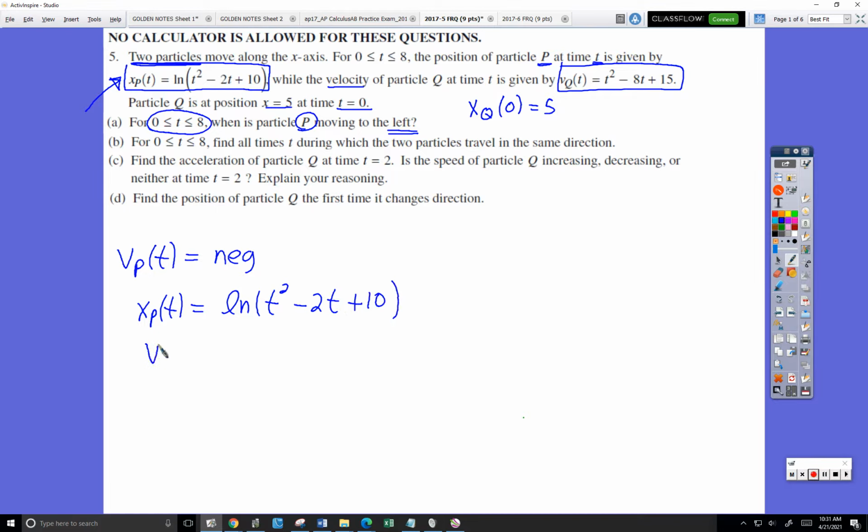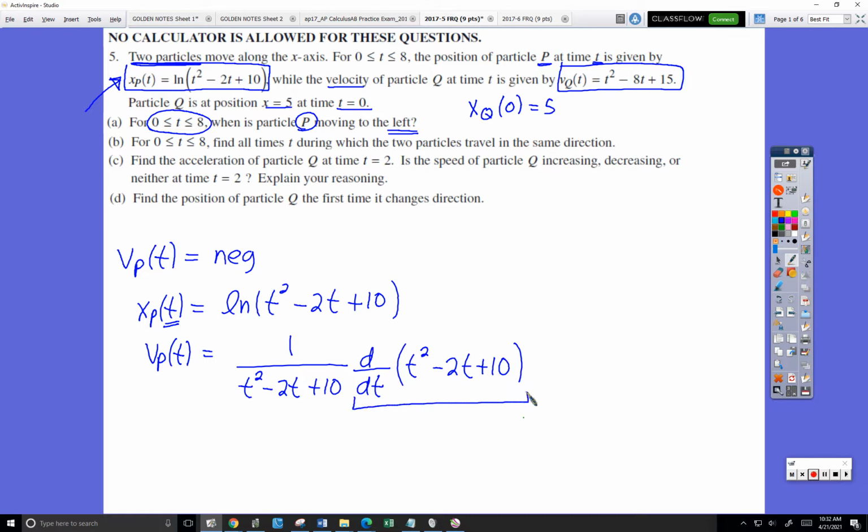So that means my velocity of particle P at time t will equal 1 over the something multiplied by d over dt of that something. But this derivative is just 2t subtract 2.